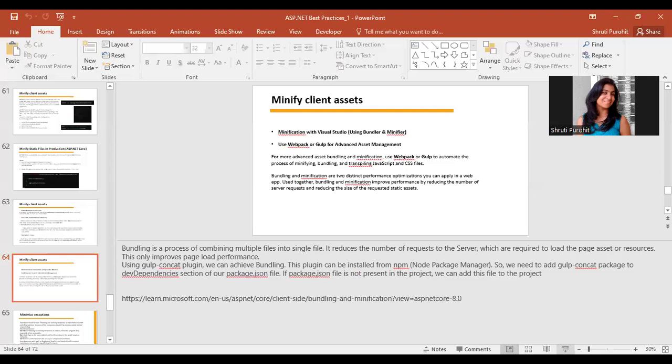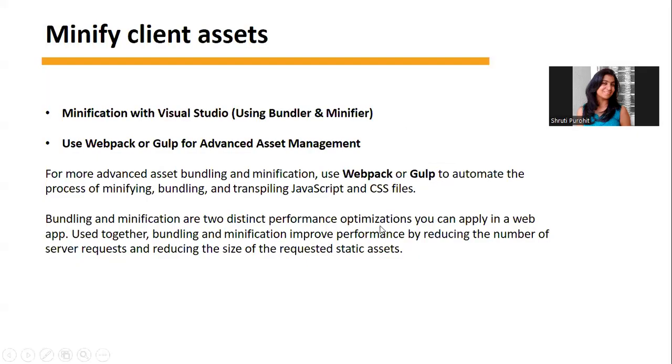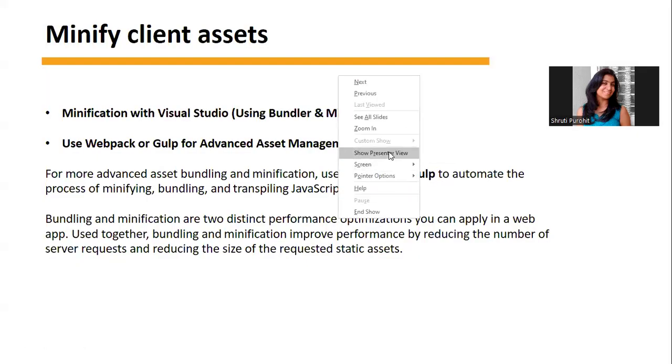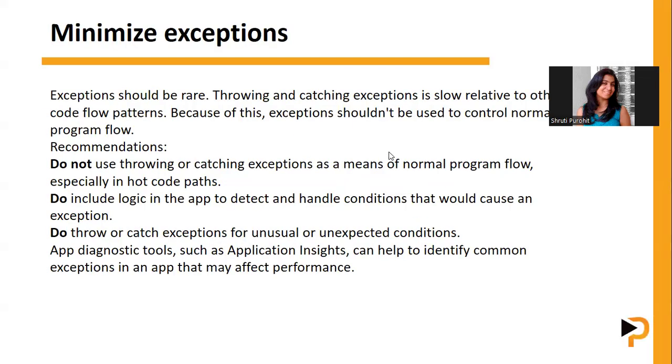Now let's start with the next best practice, which is minimizing exceptions. In a previous video we also considered this best practice. Now why and how? Let's understand. Exceptions should be rare.